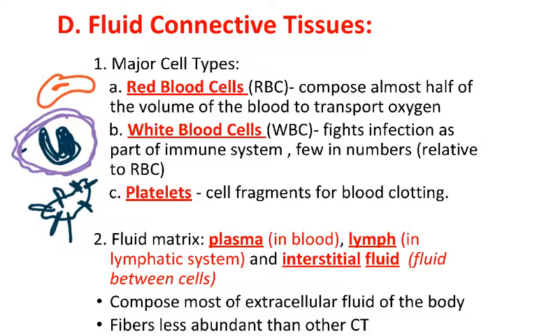But in this case, it also has its own unique type of fluid and cells that are very similar to blood, but with fewer red blood cells and a lot more white blood cells. But it's still liquid tissue flowing around your body. And finally, we have interstitial fluid.